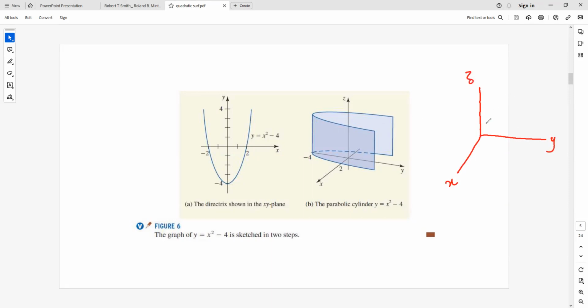So we have a parabola y equals x squared minus 4, which means we will have a parabola in the xy plane. So it will be like this and shifted 4 units in the negative direction. So it will look like this.